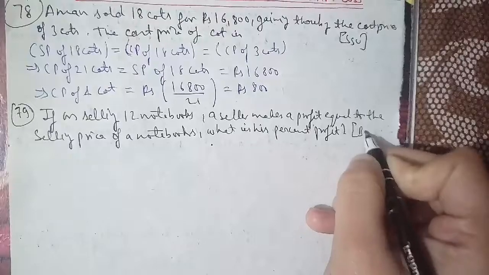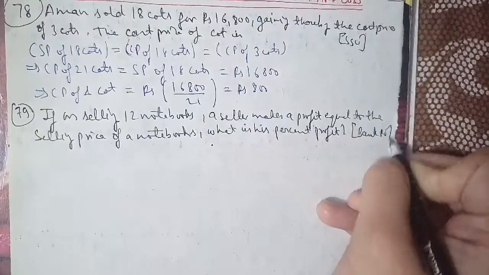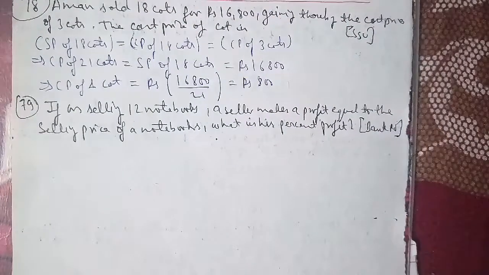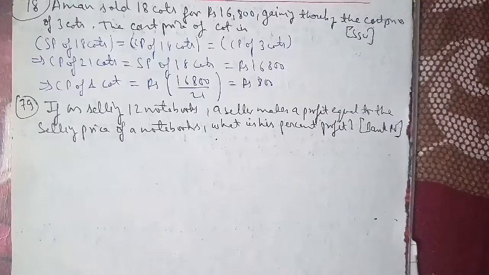That has been asked in a bank PO question paper, an important one. The options are 16 2/3, 25, 50, and data inadequate, none of these. We go ahead for the same.